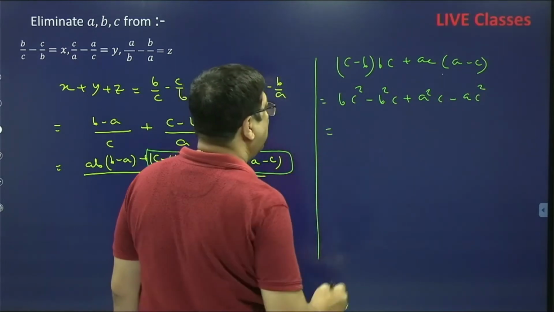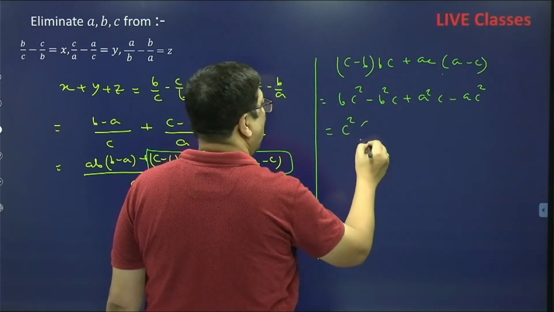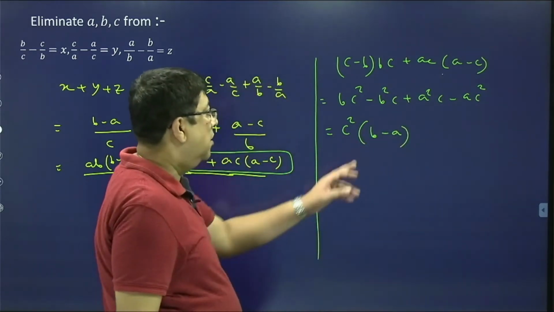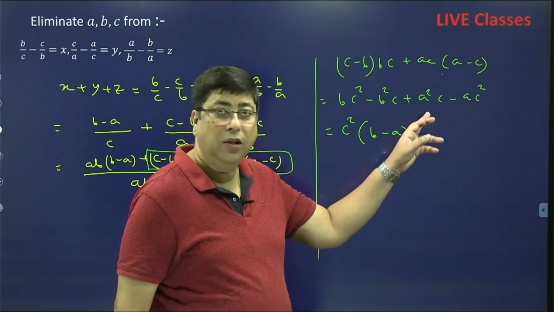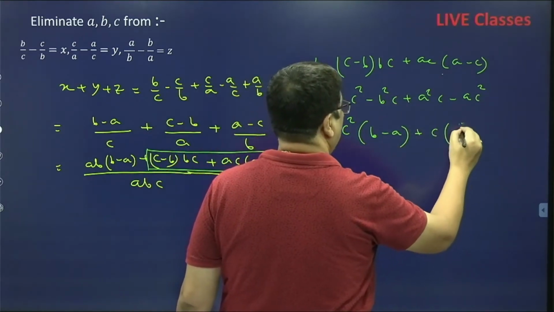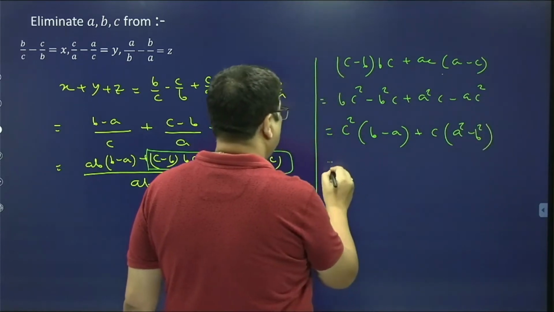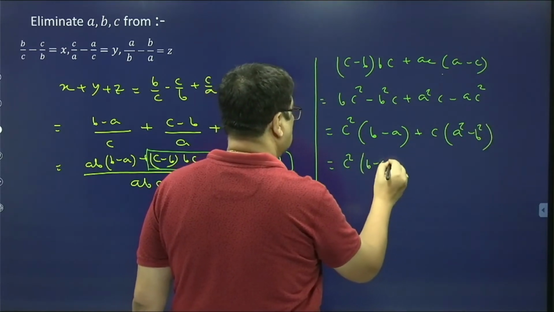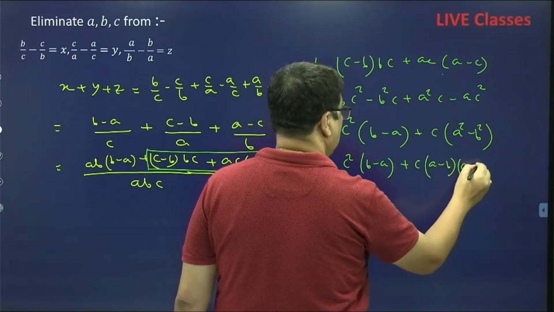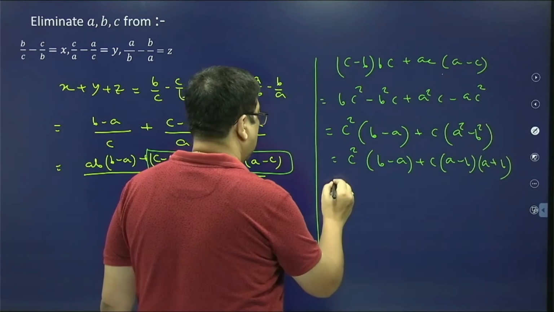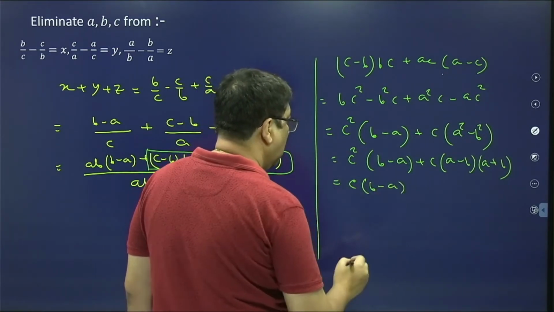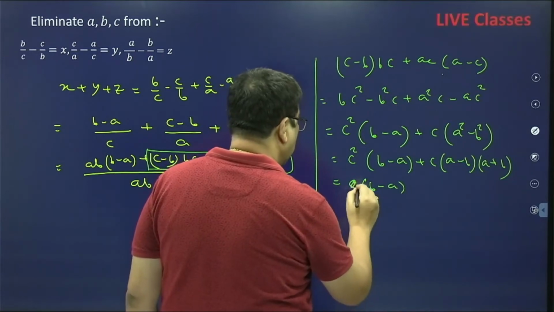Taking first and last, c square common, c square into b minus a, and from the second and third, taking c common, we get a square minus b square. Therefore c square into b minus a plus c into a minus b into a plus b, c into b minus a.